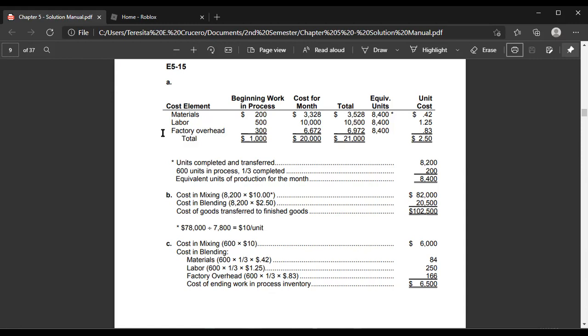Or you can simply multiply 200, that's equivalent production, by the average cost per unit of 0.42, 1.25, and 0.83. These are your average cost per unit in the blending department. So you get your cost of the work in process inventory of 6,500. That's in your blending department.